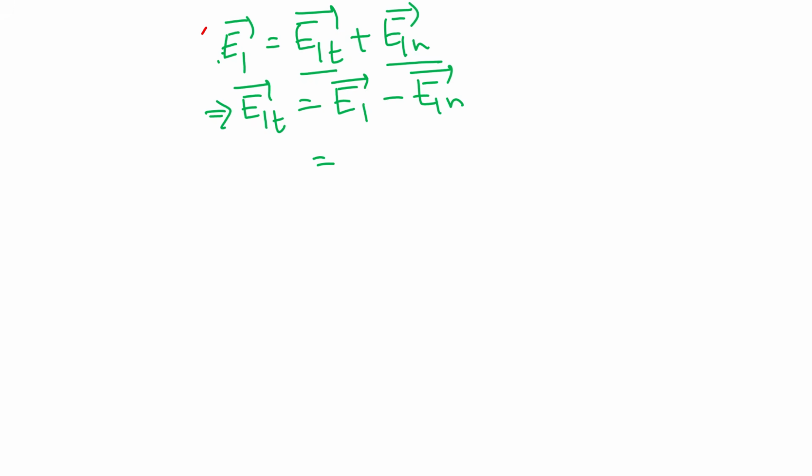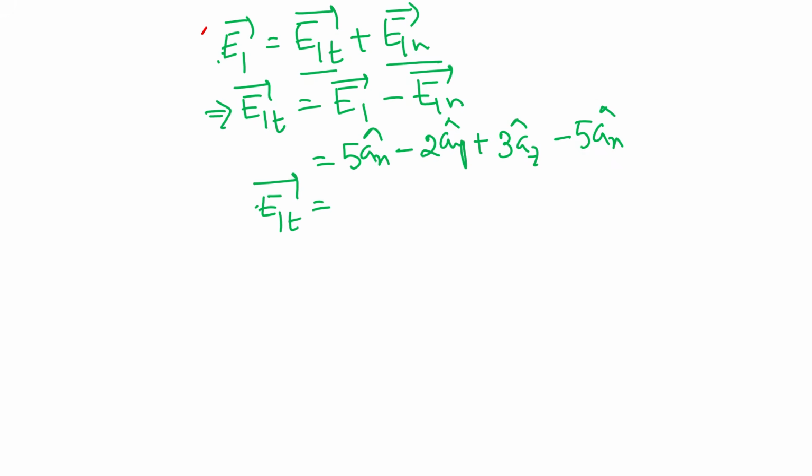So this E1 vector is 5ax cap minus 2ay cap plus 3az cap, and minus 5ax cap, the E1n vector we just calculated. So my E1t will be nothing but minus 2ay plus 3az cap.